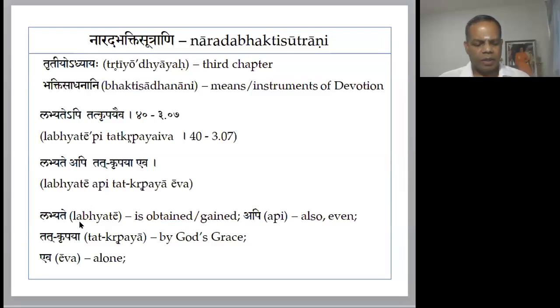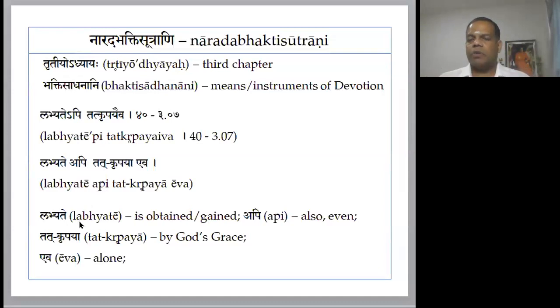Now let's look at the meaning of the words. Labhyate means obtained.